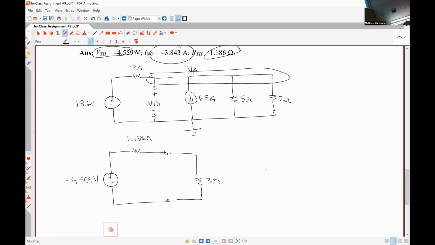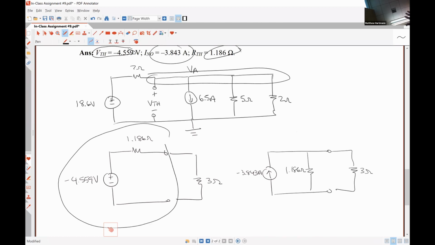Similarly, we can have a negative 3.843 amp source with 1.186 ohms, and there's our 3 ohm resistor.